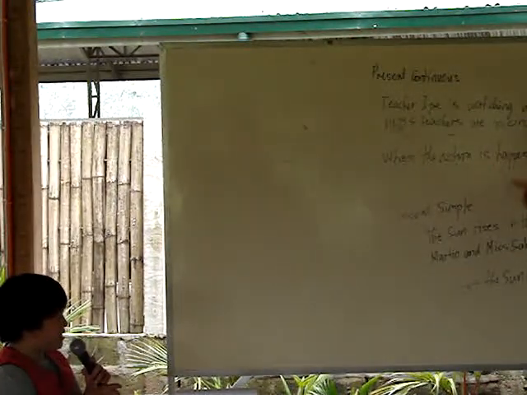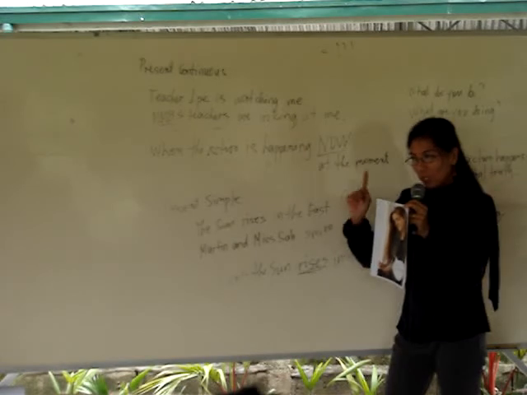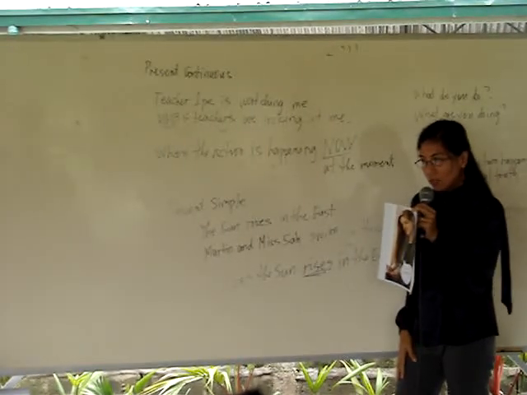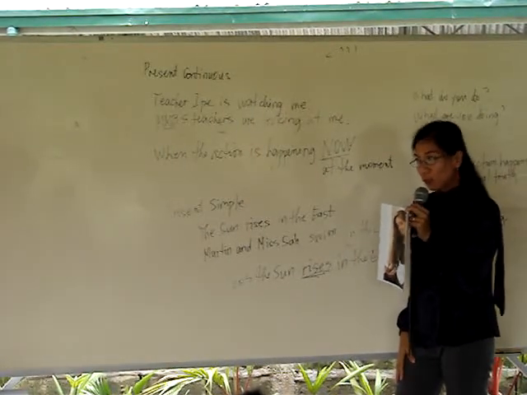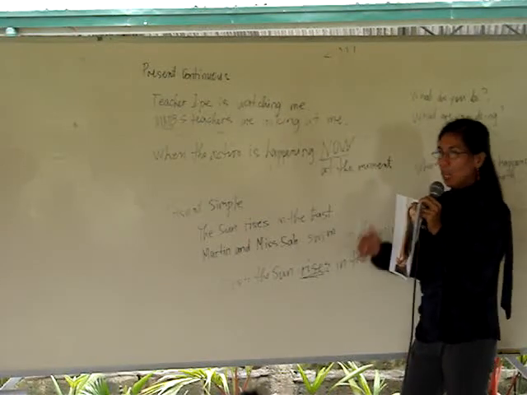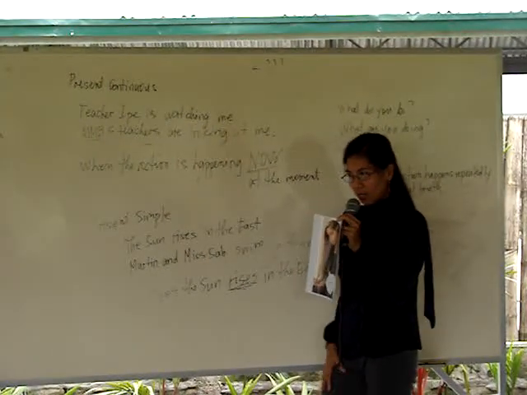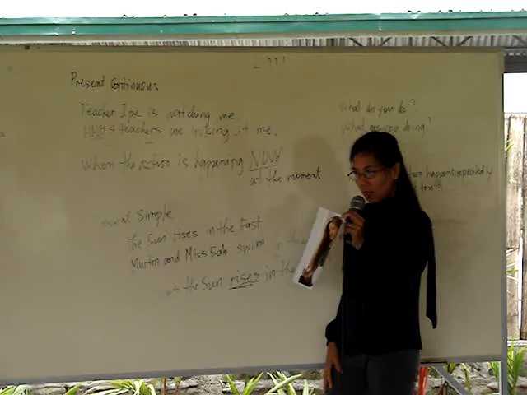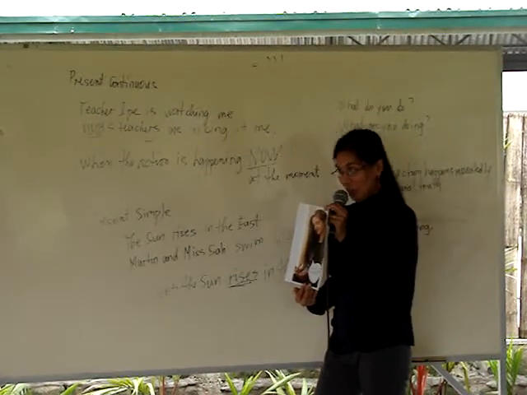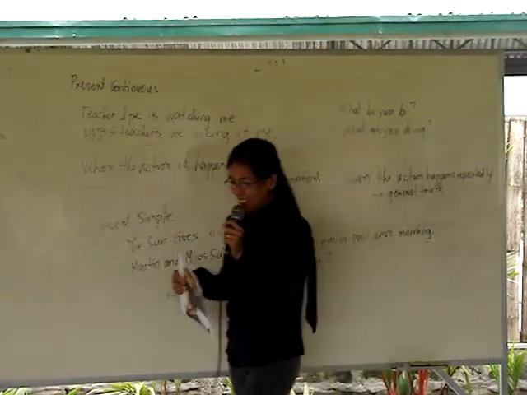We use the present simple tense. What does she do? She is a photographer. Yes. And what is she doing? She is writing something. Yes, very good.